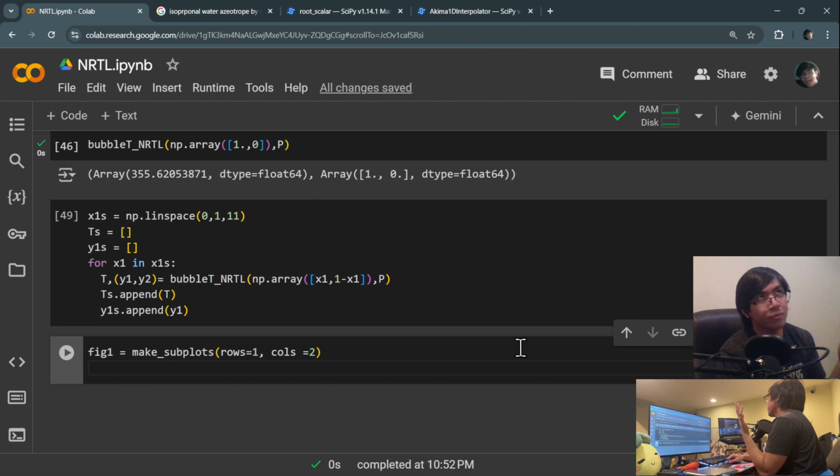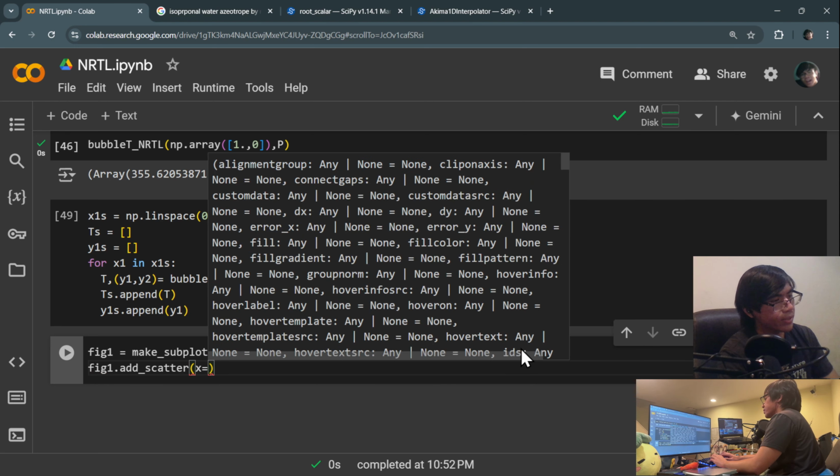So one of them on the left will be at row 1, column 1. That's our bubble temperature, with our xy's on the x-axis, and then the binary xy diagram, x on the x, y on the y. I think we just add our scatters, add our points.